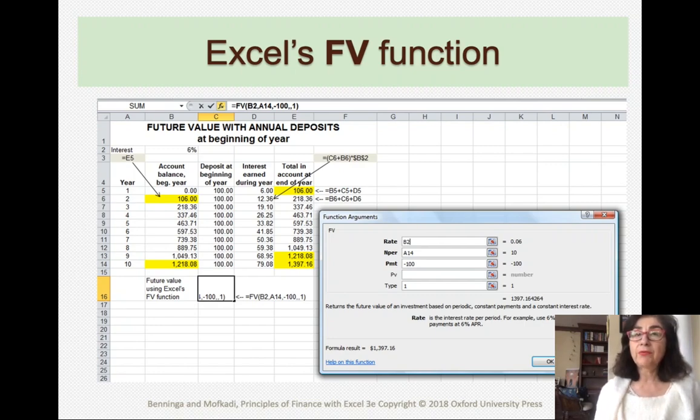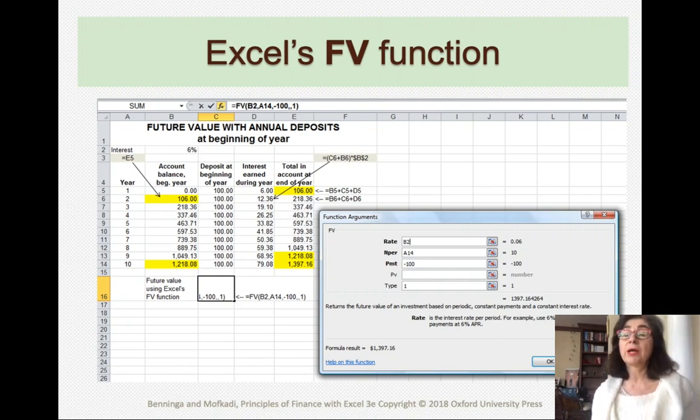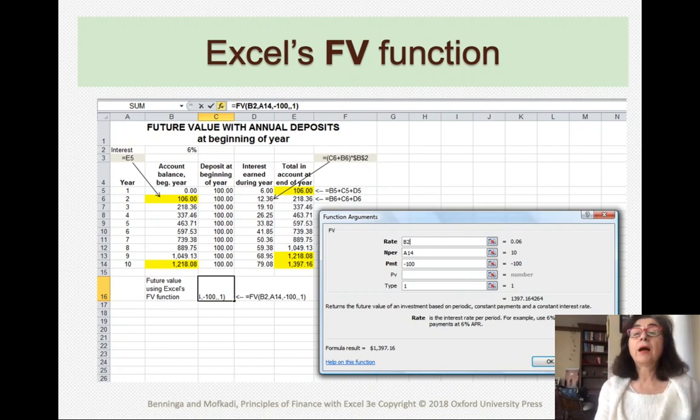We have to be careful with Excel that we have to enter that as a negative number so that we get a positive number at the end. And then in order to indicate to Excel that these payments were deposited at the beginning of year, we are going to enter type as 1.